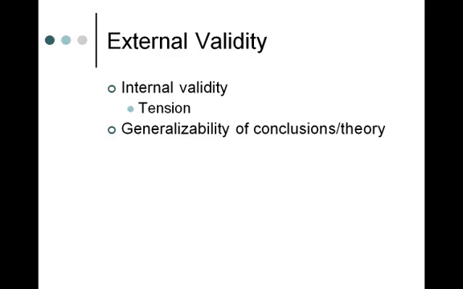So we're more concerned with the generalizability of conclusions and, beyond that even, the generalizability of a theory that the study is testing. That's, at least in the mind of many researchers, more important than doing a study where it looks like everybody in your study is the same and it accounts for all these different things. Because if you do that, it's going to make your internal validity crappish.